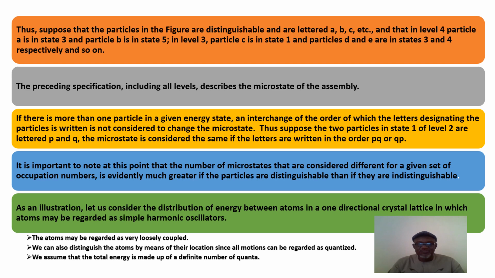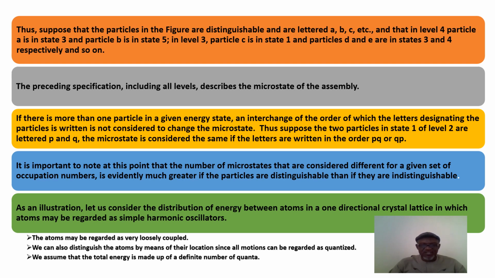If there is more than one particle in a given energy state, an interchange of the order in which the letters designating the particles are written is not considered to change it. So when we write either AB or BA, if they are indistinguishable, then it doesn't matter. But if they are distinguishable, then of course there will be a change.